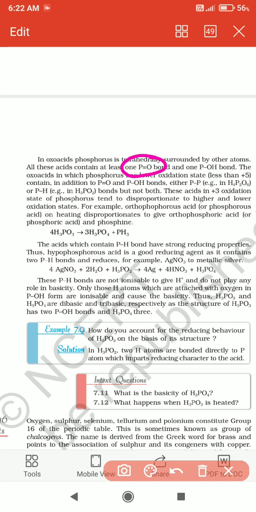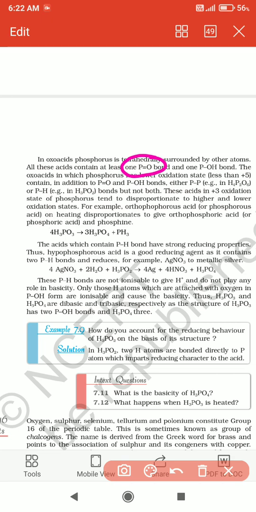The oxo acids in which phosphorus has an oxidation state less than +5 contain, in addition to P double bond O and P-OH bonds, either P-P or P-H bonds but not both. These acids in the +3 oxidation state of phosphorus tend to disproportionate to higher and lower oxidation states.